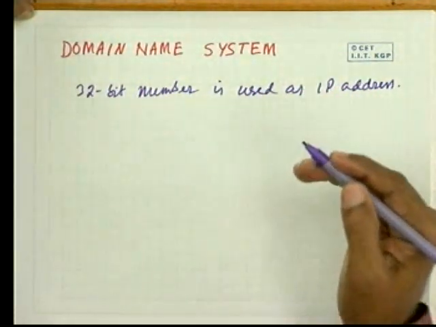This is very convenient for incorporating this address in the IP header. You can incorporate the source address and destination address while sending the IP datagram. But for human beings, this is very inconvenient.